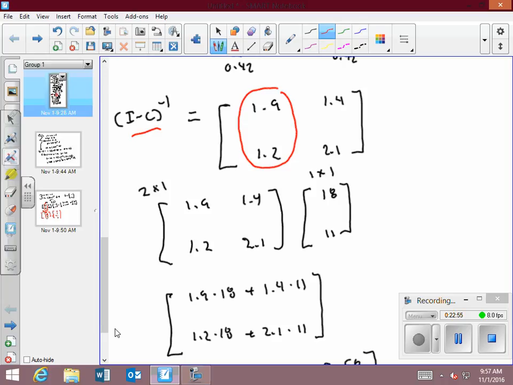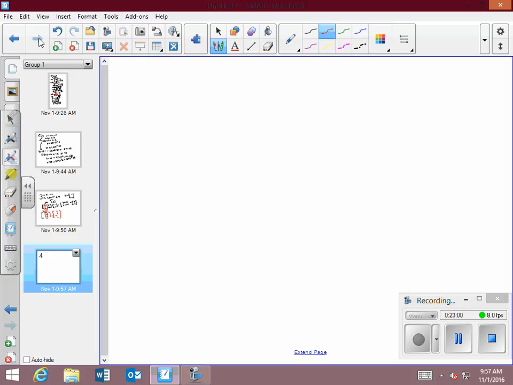Well, if every entry in this I minus C inverse is positive, it says that if you increase the output of any sector by 1 unit, every sector is affected.